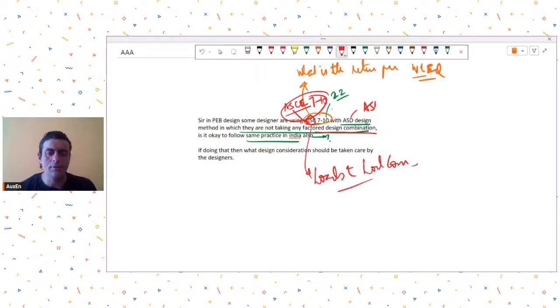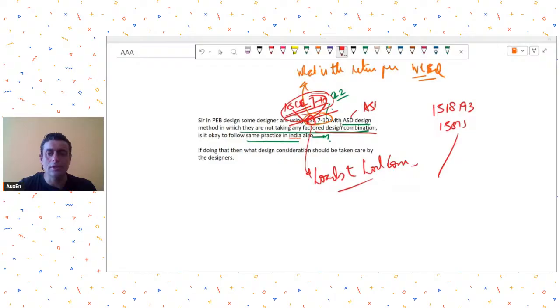So the point is, as long as you are taking the loads and load combinations from one code, then it is okay. That means if you are taking the loads also from ASCE 710 and load combinations also from ASCE 710, that's correct. Do not do it like this, that you are taking the loads from IS 1893 or IS 875 and then you are using the combinations from ASCE 7. That will be inappropriate, incorrect also in some cases, because in the later versions of ASCE 7 they have changed the return period, so it will be incorrect in that case.